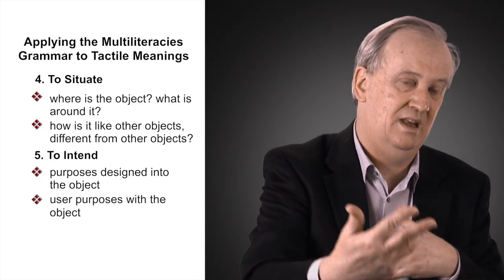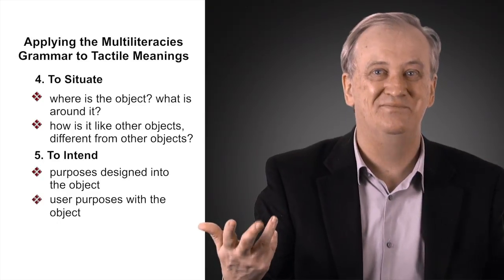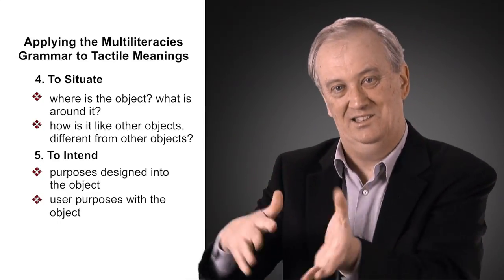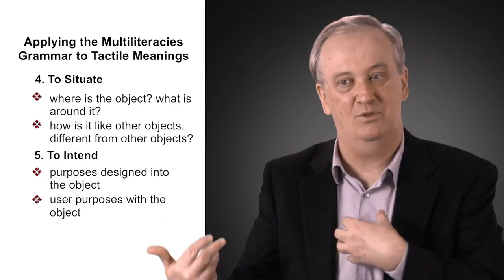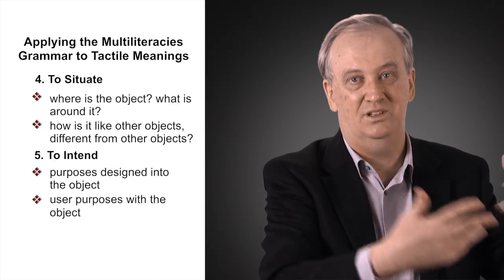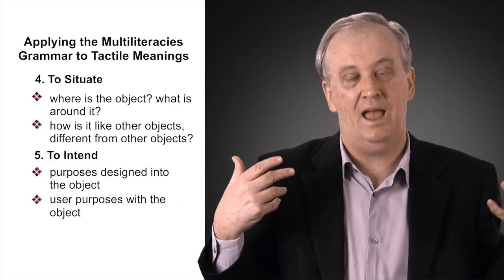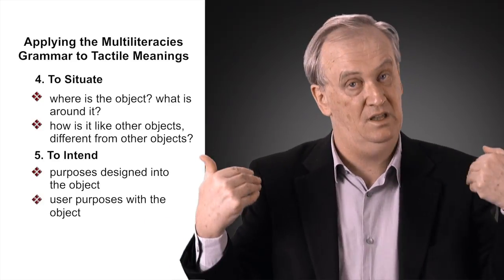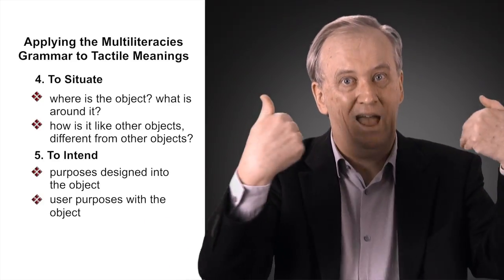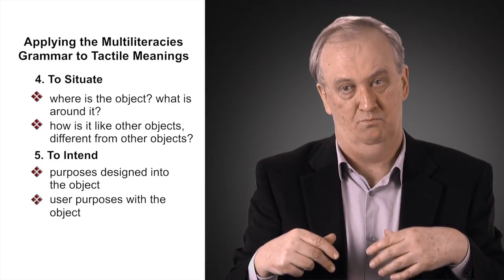So in language, we call that genre. A narrative is like other narratives, and a report is like other reports. Well, this tool is like other tools, this toy is like other toys, and the situation in which these things are found, how it's like and unlike other objects, frames its meaning in some very important ways.